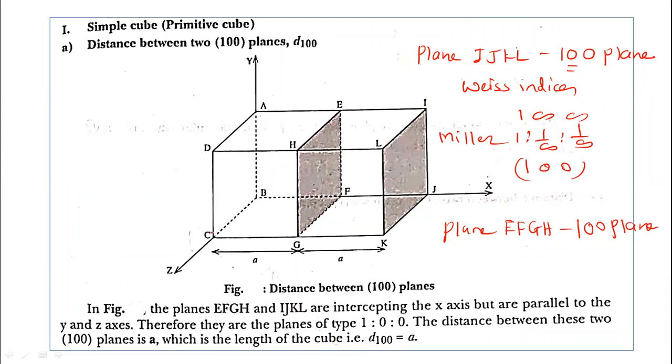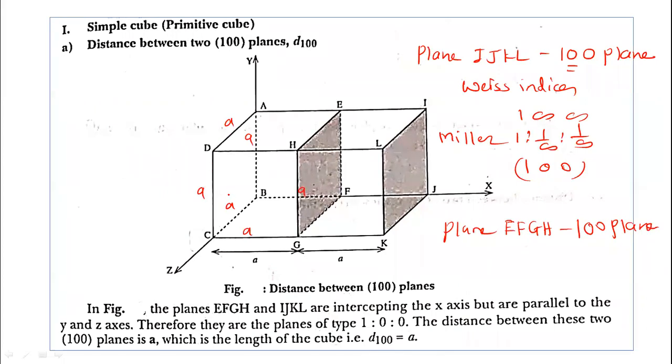Now, in this simple cube, this distance CG, GK, this is one cube here and this is another cube here. Okay, this is one unit cell and this is another unit cell. So this is a here, this is also a, because in the unit cell, it is the same everywhere. CD is a.